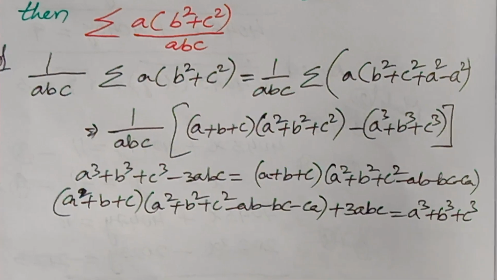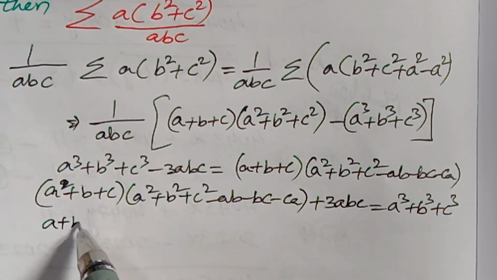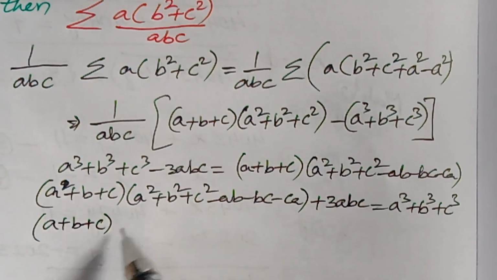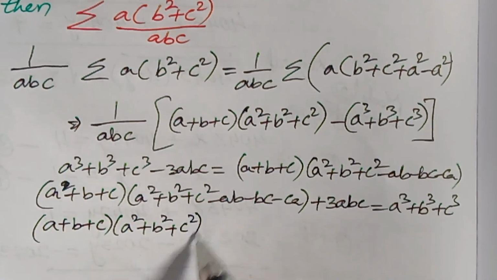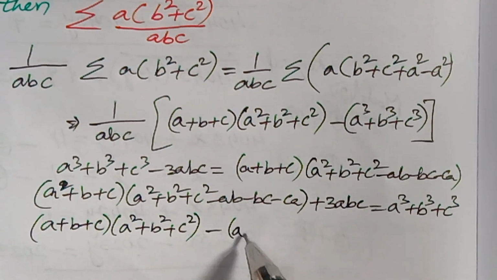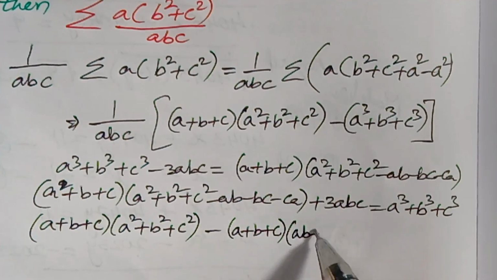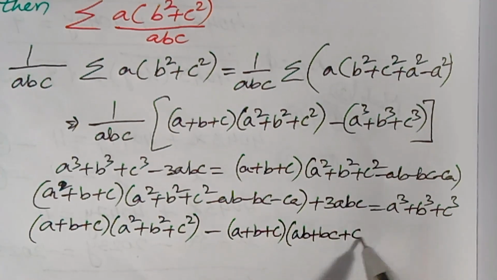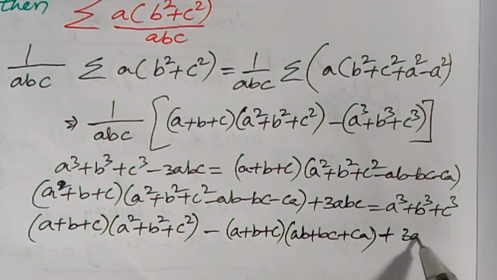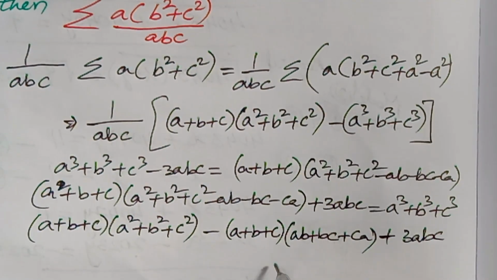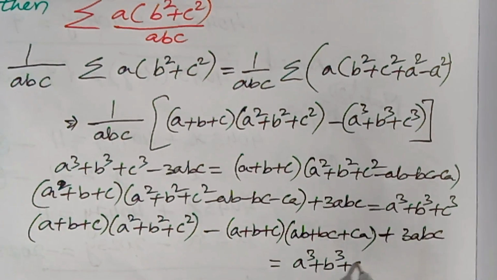From this you can write it as two parts: (a plus b plus c) into (a square plus b square plus c square) minus (a plus b plus c) into (ab plus bc plus ca) plus 3abc is equal to a cube plus b cube plus c cube.